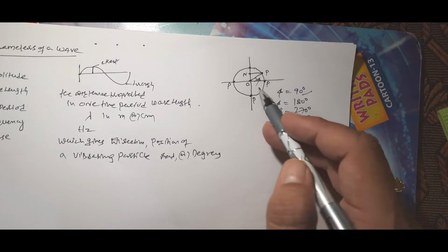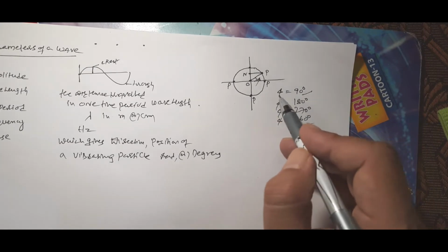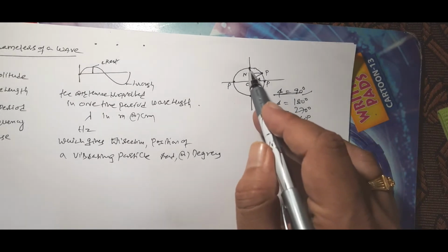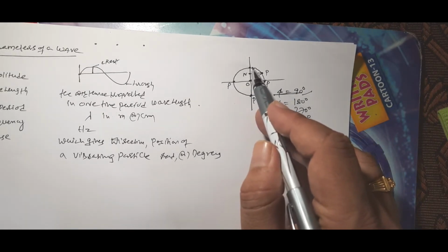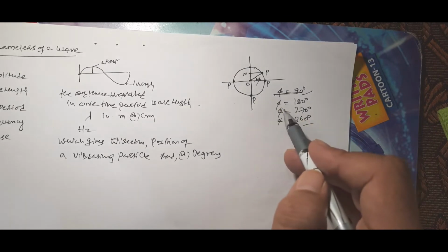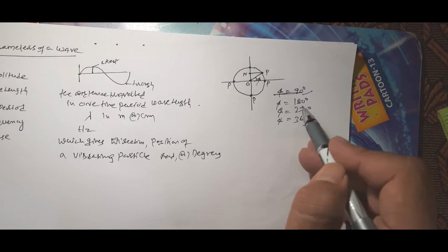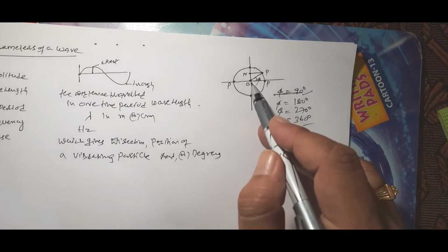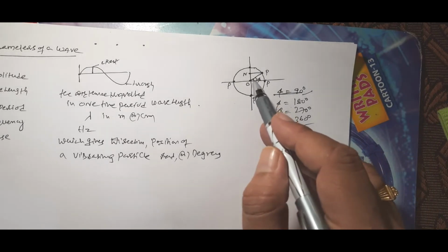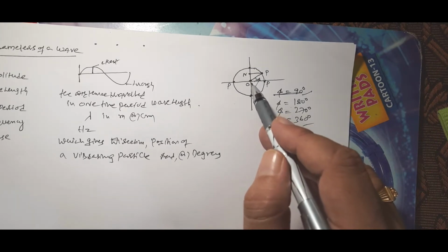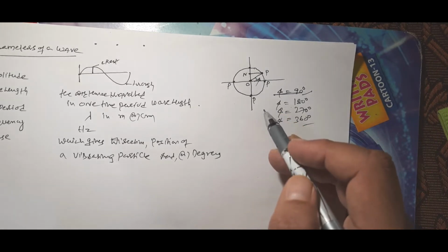So when we say a vibrating particle has phase 90, we can easily determine the position and direction of the vibrating particle. Phi equal to 90 means the position of N is at the extreme position, and next it is moving towards the mean position. Phi equal to 180 means the vibrating particle is at the mean position and is moving towards the extreme position.